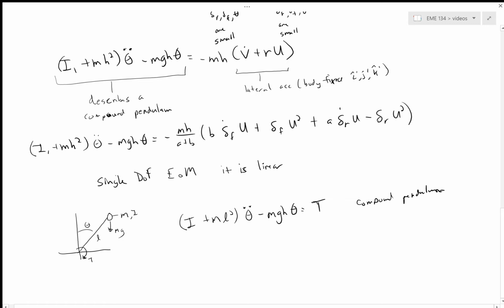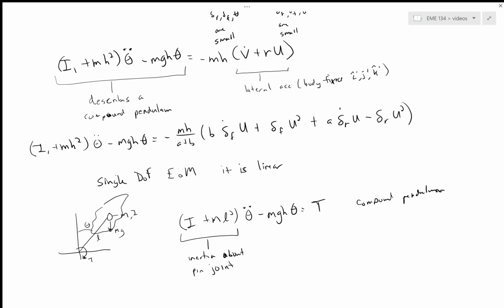This is a compound pendulum equation, and this inertial term here is the inertia about the pin joint instead of about the center of mass of this arbitrary object, determined by the parallel axis theorem.